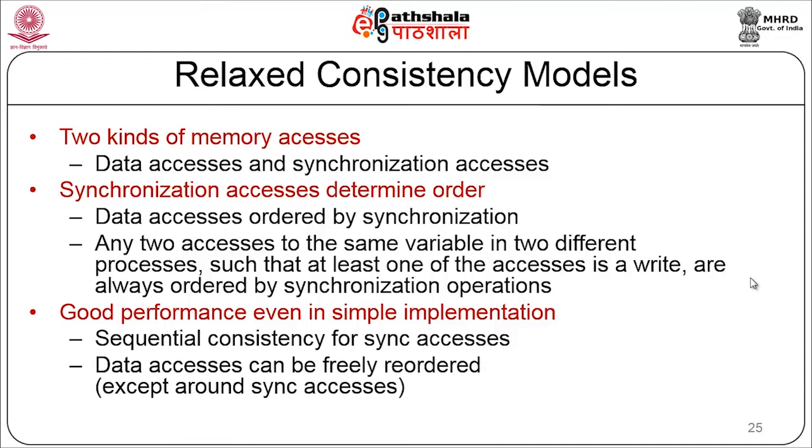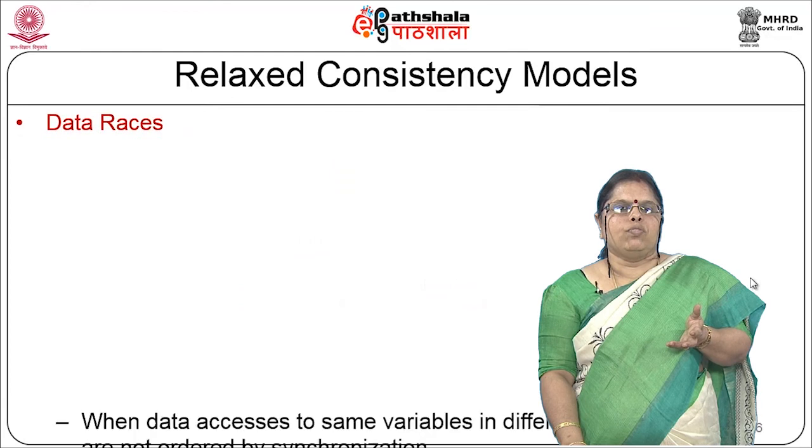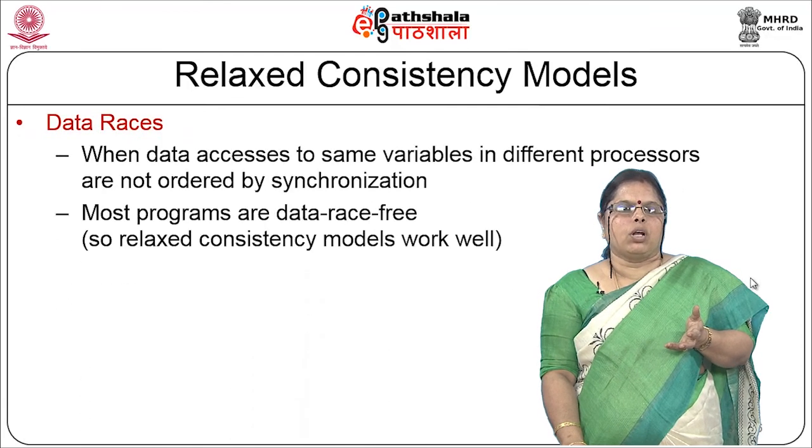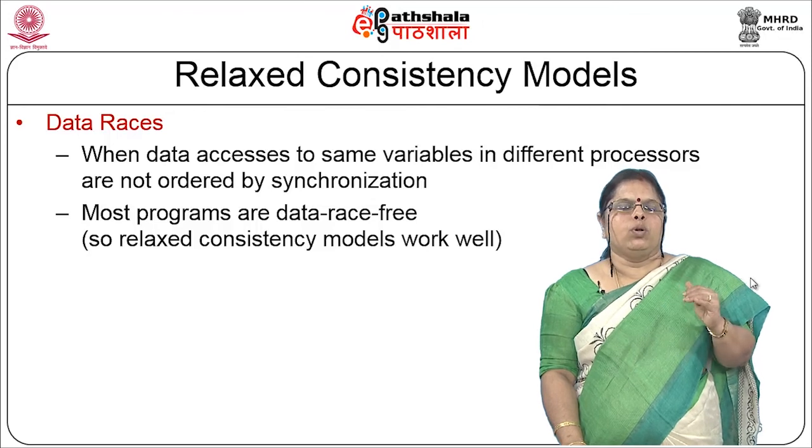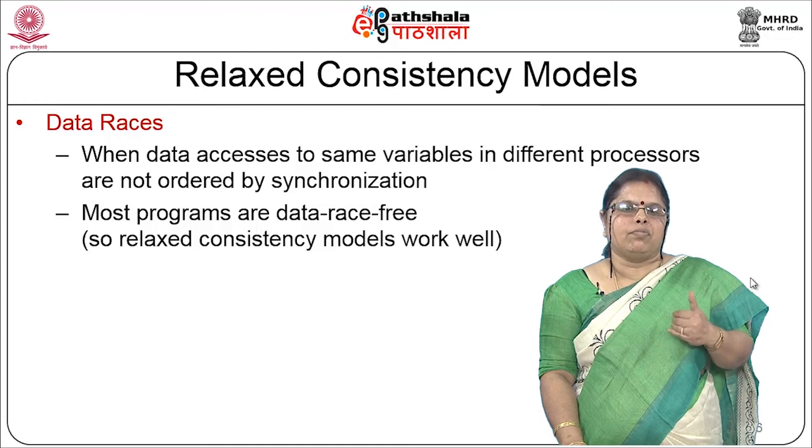You can look at sequential consistency for synchronization accesses, and data accesses can be freely reordered, except of course around sync accesses. If you look at the relaxed consistency models, as long as you do not have data races, you do not have a problem. So, what are data races? When data accesses to the same variable in different processes are not ordered by synchronization.